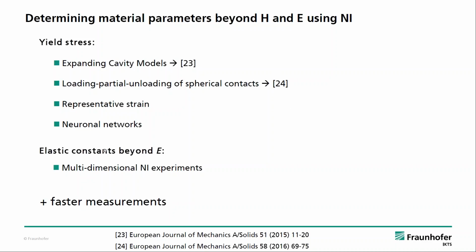You can also get elastic constants beyond Young's modulus, like Poisson's ratio, from multidimensional nano-indentation experiments. And also one new direction is to go for very fast indentations, or only split-second indentations, to get really huge mappings. So these are the main directions nano-indentation is going these days, or nanomechanical testing in general.